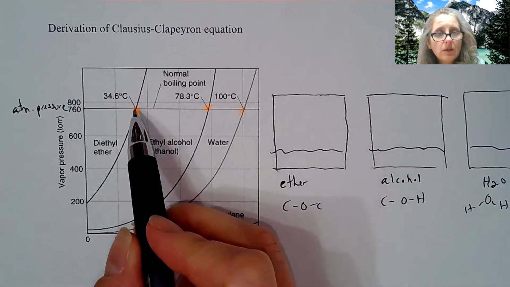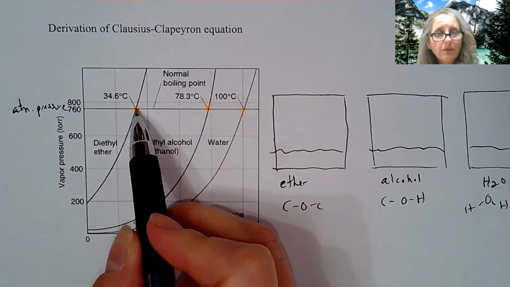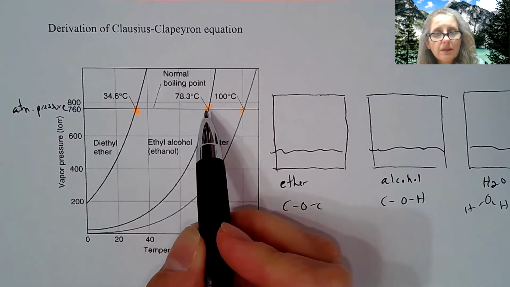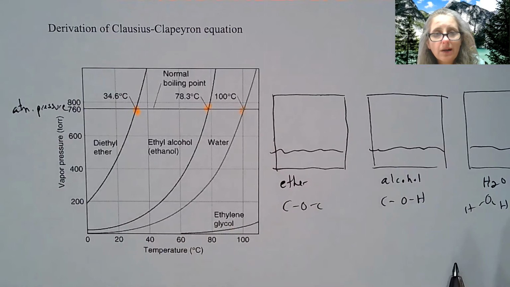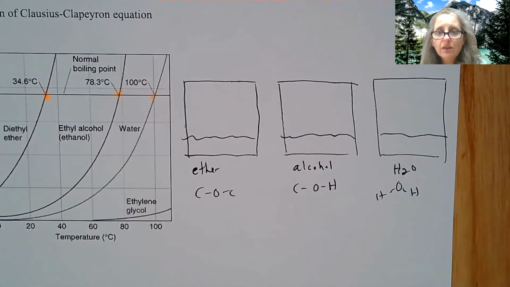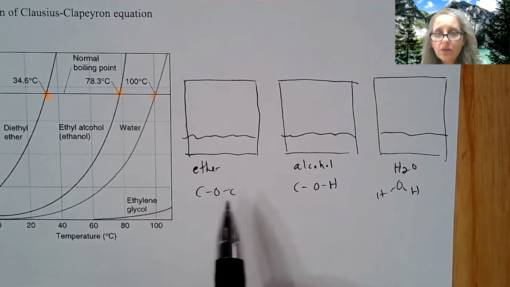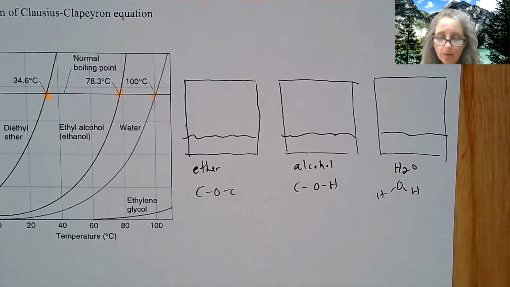Essentially the normal boiling point of ether is 34.6, ethanol is 78.3, and of course we know water to be 100. If I take a look at each one of these, for the ether and the alcohol, I will draw it for you and show you what you want to focus on.